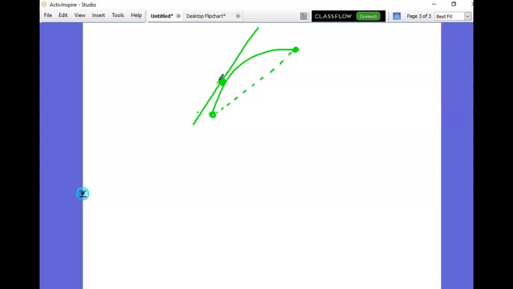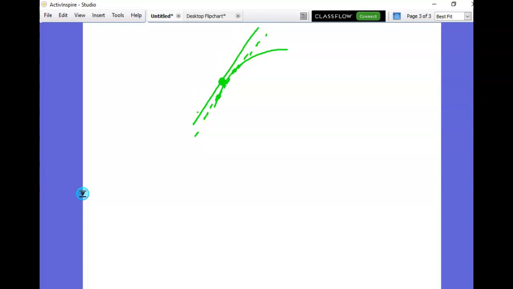Now, what I want to show you guys is that if we pick 2 points that are really close to the tangent line point, so this is our point of tangency here, but let's say, what if I picked a point here and here, and I found the secant line for those? Do you guys see how the secant line through those 2 points, which are really close to the point of tangency, do you see how the secant line almost looks parallel to, in other words, it has the same slope as almost, the tangent line?